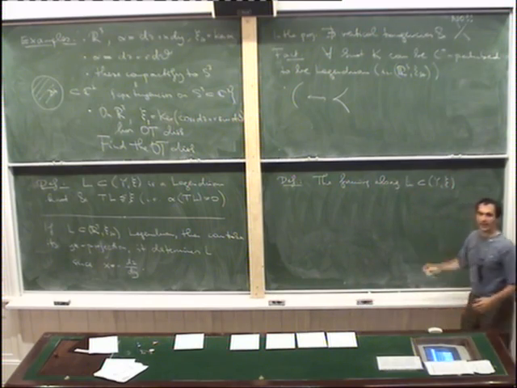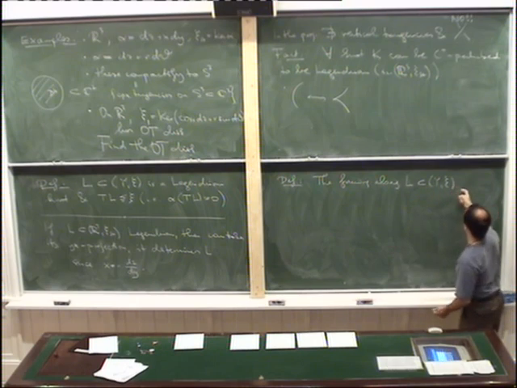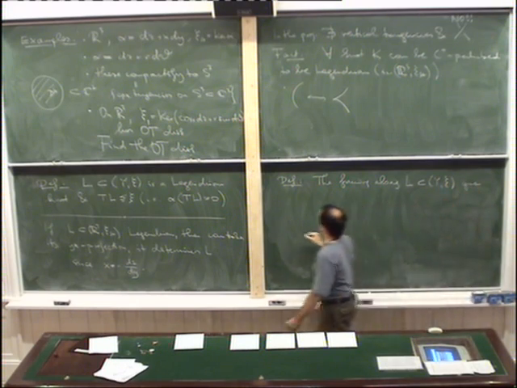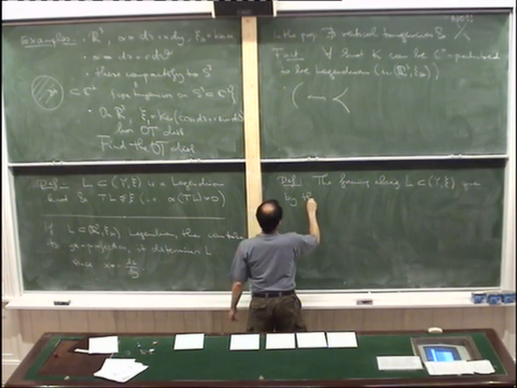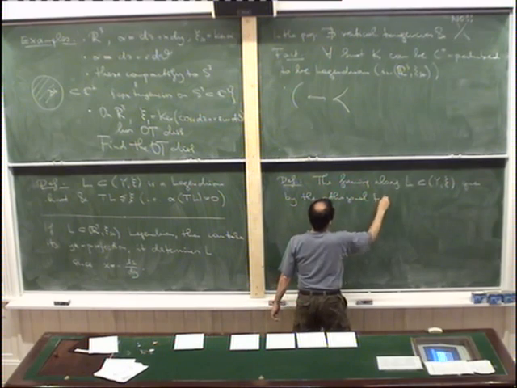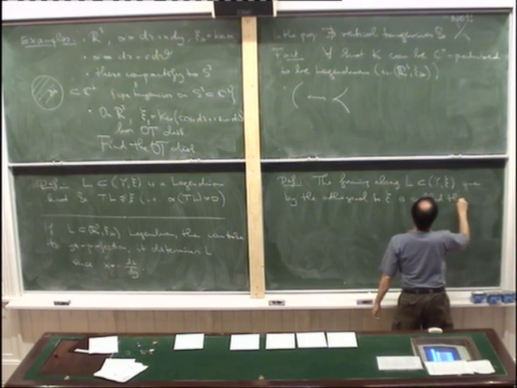Whenever I write L, I implicitly think that it's a Legendrian knot. So the framing along a Legendrian knot given by the orthogonal to xi is called the contact framing.